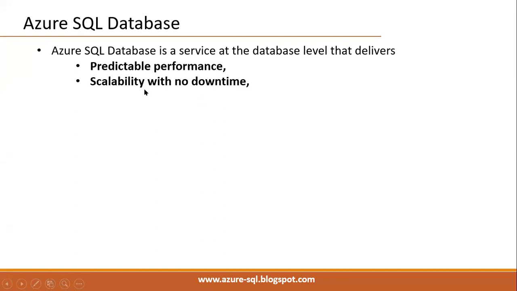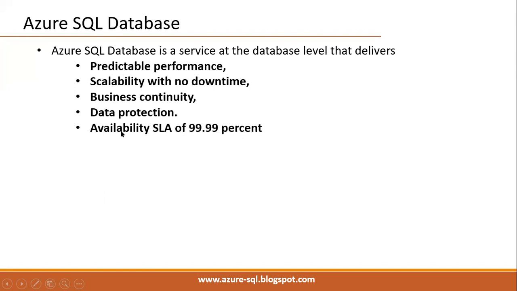Scalability with no downtime means we can implement high scalability. Business continuity means we can implement high availability features. Data protection, and a 99.99% availability SLA. It's almost always available.